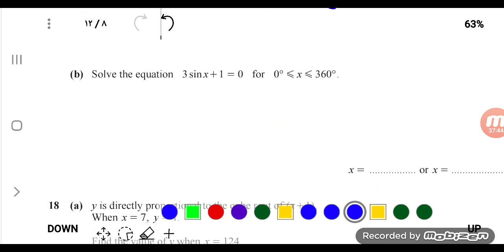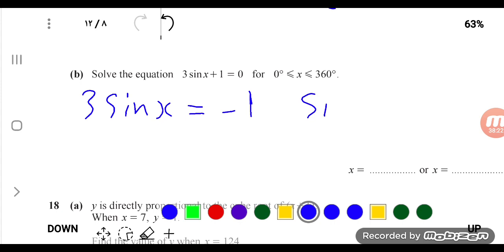Let's see next question. Solve the equation 3 sine x plus 1 equals 0 for x between 0 and 360. Now, in order to solve this equation, we have to do shift sine on the calculator. Before this, let's solve. First step, take 1 to the other side. You get 3 sine x equal -1. Then divide both sides of the equation by 3.